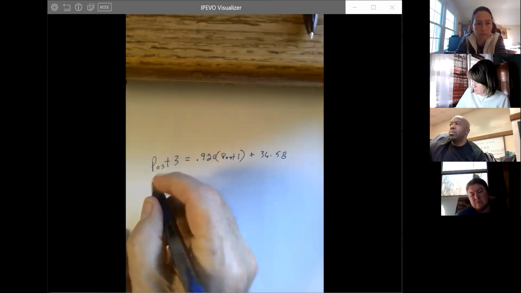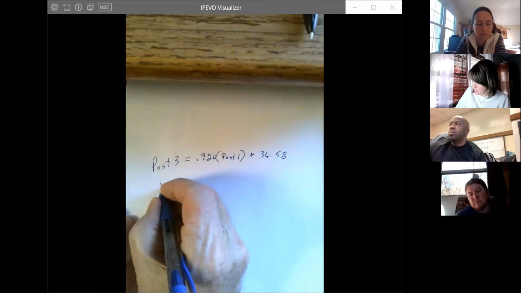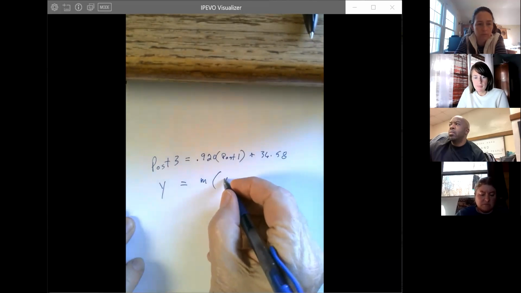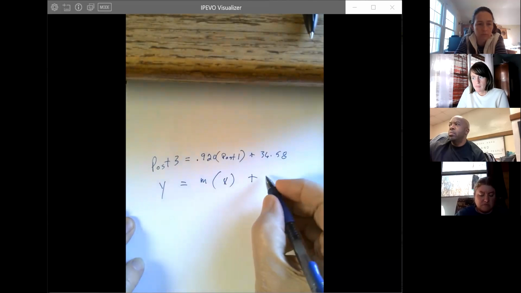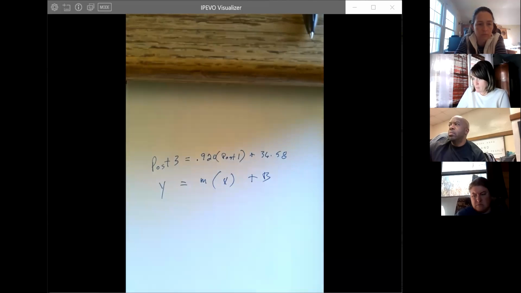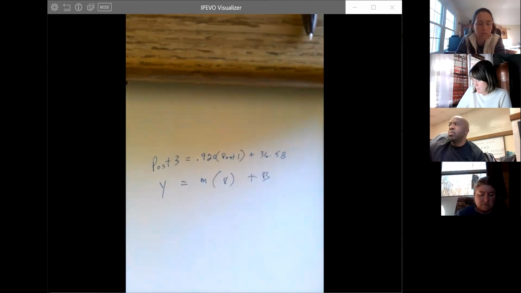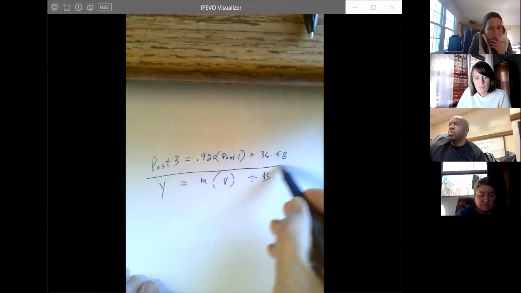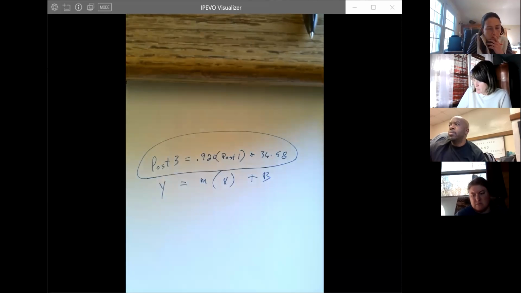And so now when I go to my little DocCam thing, this is now y is equal to mx plus b. And so this is the prediction equation for that regression.